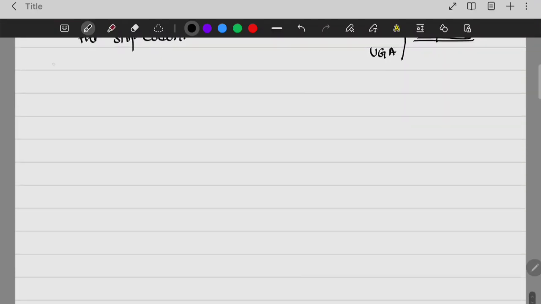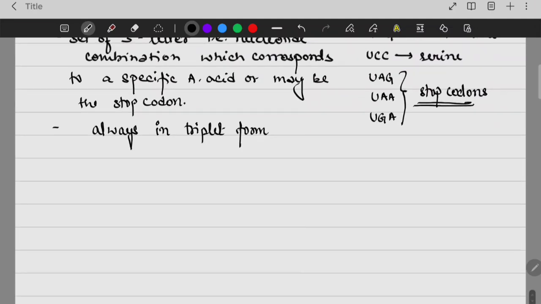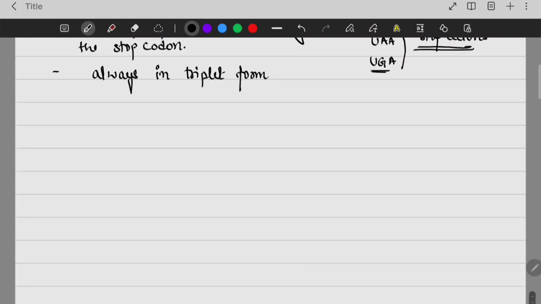So what are the features? The feature is that it is always in triplet form, always in a group of 3. The code is non-overlapping. Non-overlapping means they are always present in a sequence. They are not overlapped with each other.